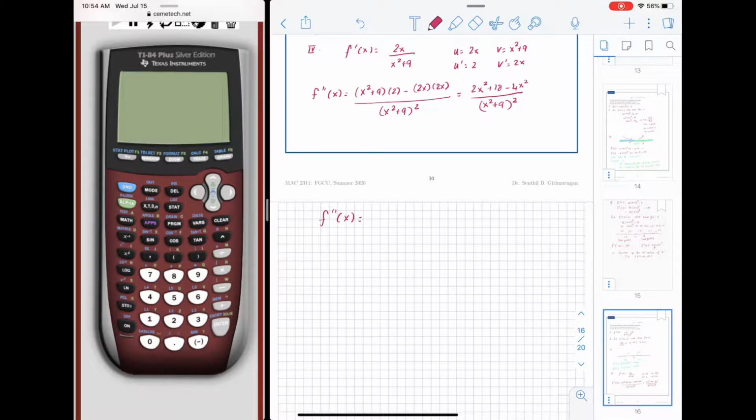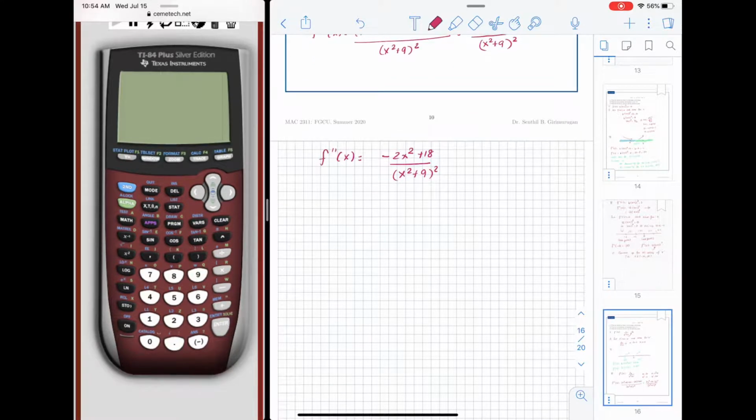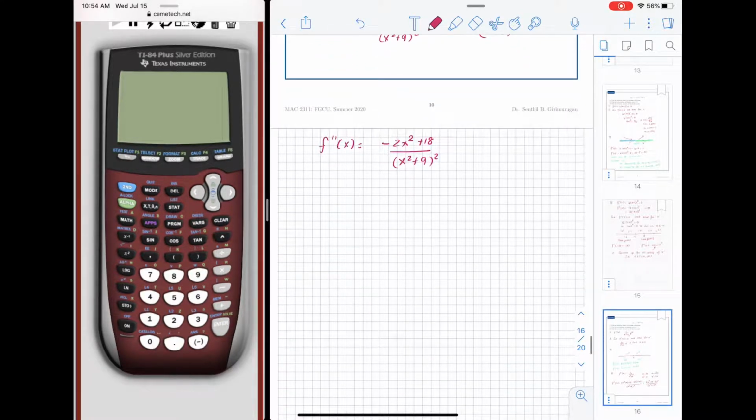So we will have negative 2x squared plus 18 divided by x squared plus 9 squared. We set that equal to 0 and solve for x, and that would give us the inflection points.